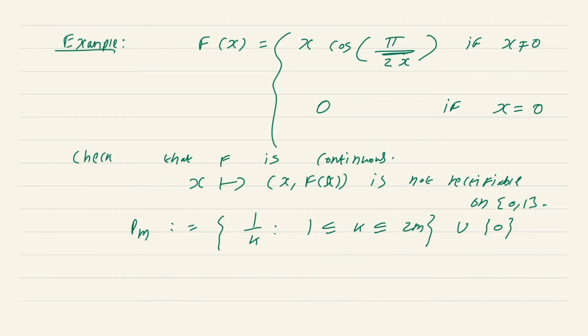This will be a partition of 0, 1, and I'm going to try to find out how f behaves at these partition points.